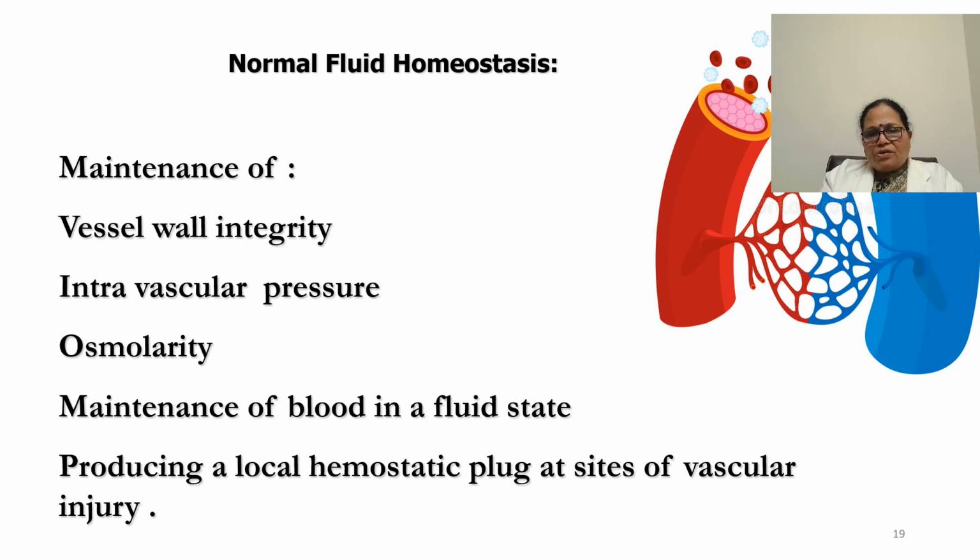So, you want blood to be in a fluid state, but it has to flow and it has to perform all its functions. So, producing a local hemostatic plug at the sites of vascular injury. Okay, this is normal hemostasis. So, vessel wall integrity, intravascular pressure, osmolarity, maintenance of blood in a fluid state, local hemostatic plug.